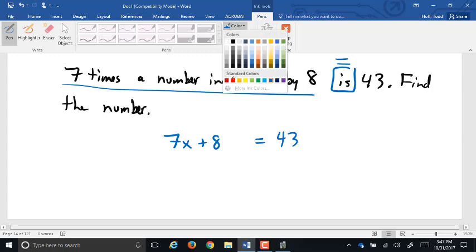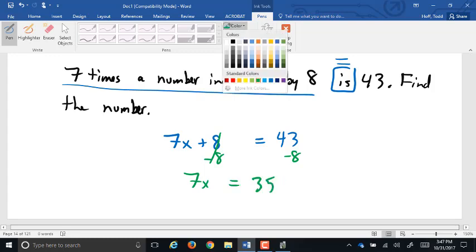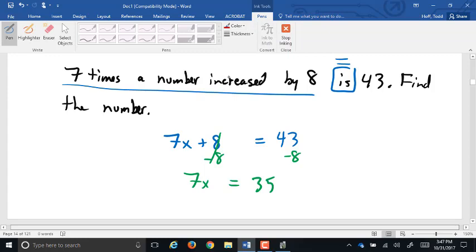What do we do to start solving that? High energy group tonight, huh? Yes, we subtract 8. 7x equals 35. Then we would divide by 7. X equals 5.